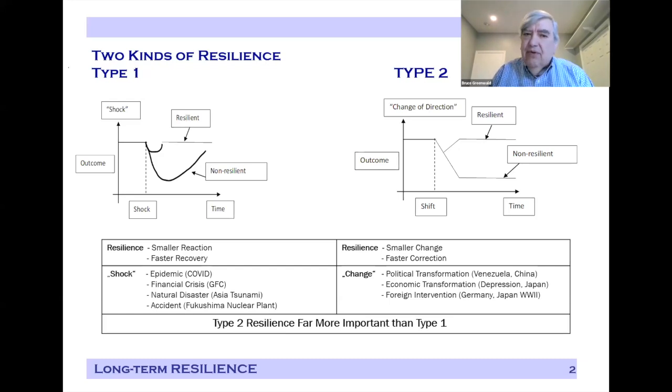An economy or a social system is in a certain state, a shock appears, an epidemic like COVID, a financial crisis, a natural disaster like the Asia tsunami, or an accident like the Fukushima nuclear plant. Resilient economies don't go down as far in response to the shock, and they recover more quickly. Non-resilient economies have greater negative reactions to the shocks, and they recover much more slowly.